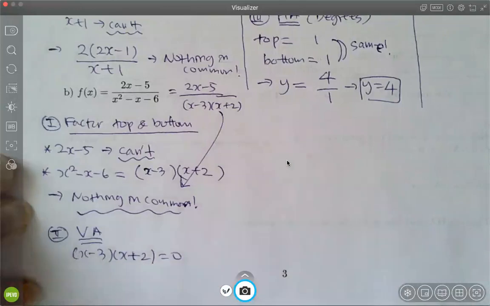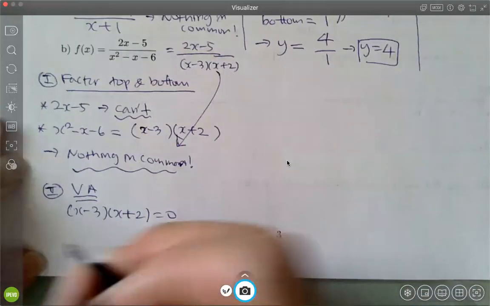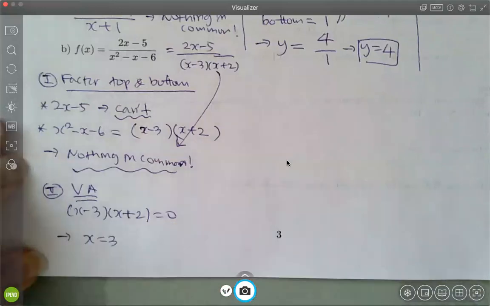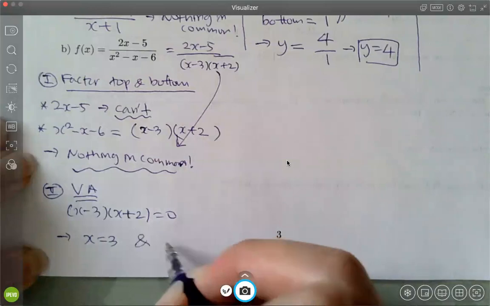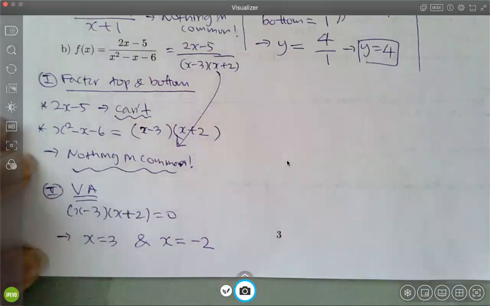So what do you get from here? X is equal to 3 and what? -2, right? Okay, so now how many vertical asymptotes did we get? 2, right? Okay, so in part A we only got 1, but here we got 2.